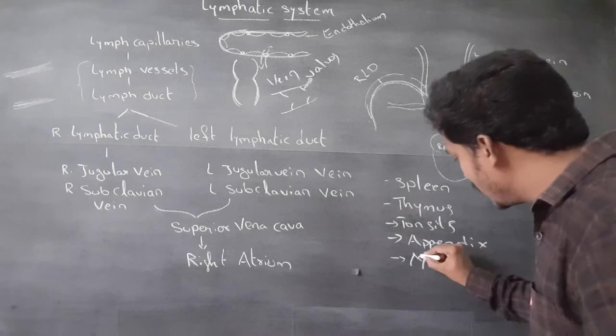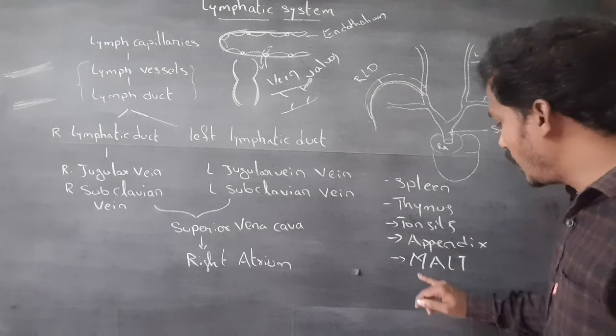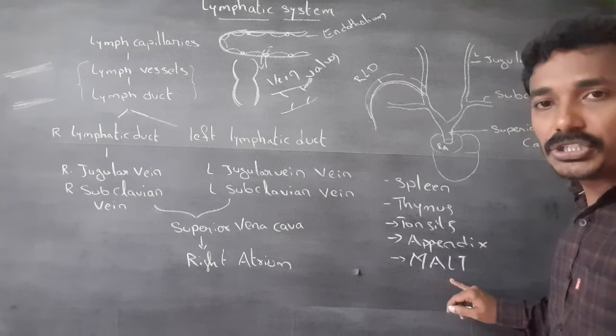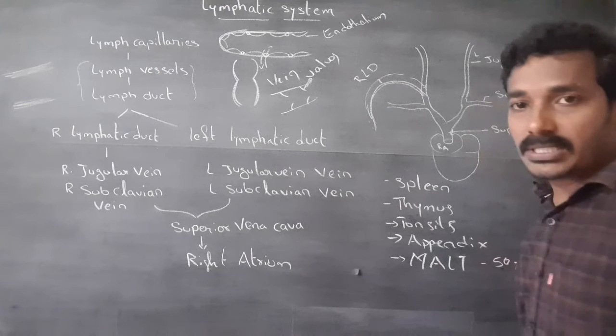MALT means mucosa associated lymphoid tissue. It occupies 50% of the total lymphocytes.